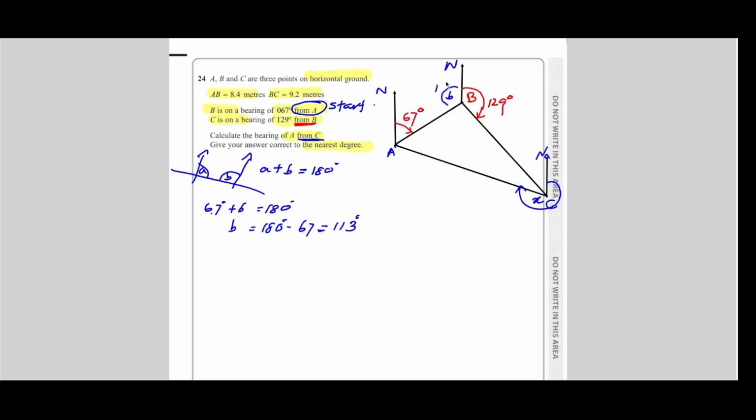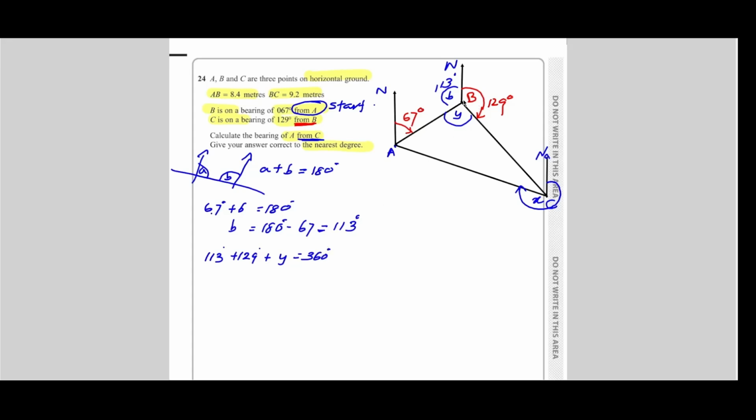So I got this one now. It is 113. This is also angles at a point. Let's label this one as Y. Then I can write 113 plus 129 plus Y equals 360 degrees.